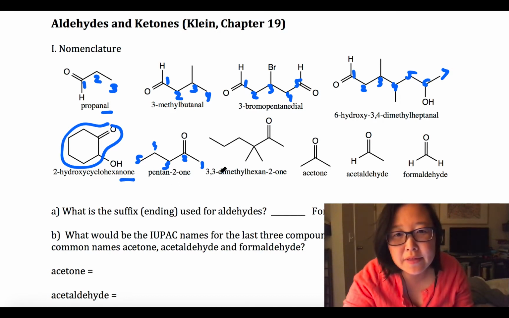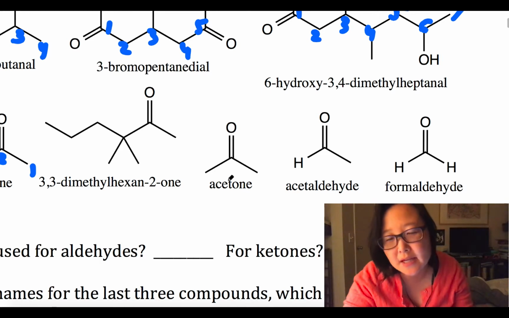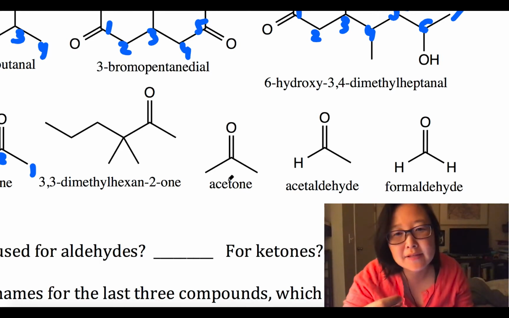Here, this is 3,3-dimethylhexan-2-one. Okay, and there's a chain of 6, hexane. Now, these 3 here have common names. This 3-carbon ketone is called acetone. It's known as being a solvent, and fingernail polish remover commonly uses acetone.